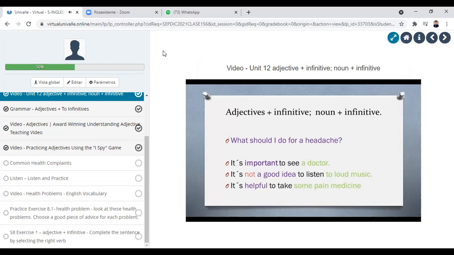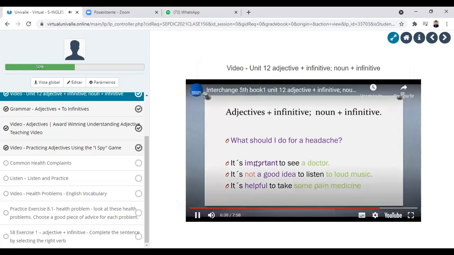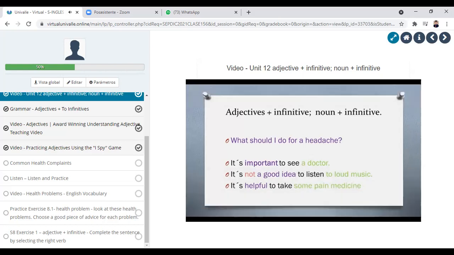So remember, first we are going to start with the pronoun it, after that with the verb be, and then we are going to use our adjective, which is important in this case, and after the adjective we are going to use the infinitive to see, and after the infinitive we are going to use the noun.